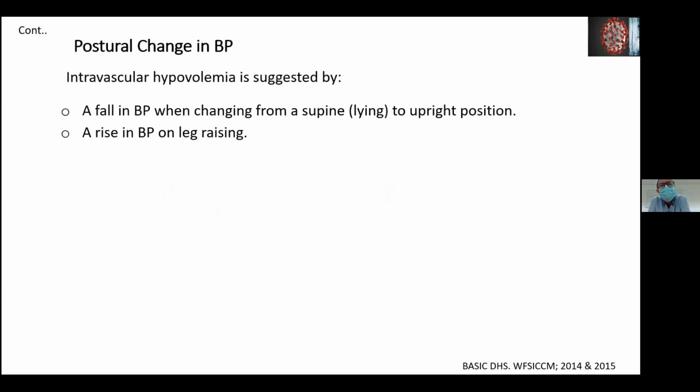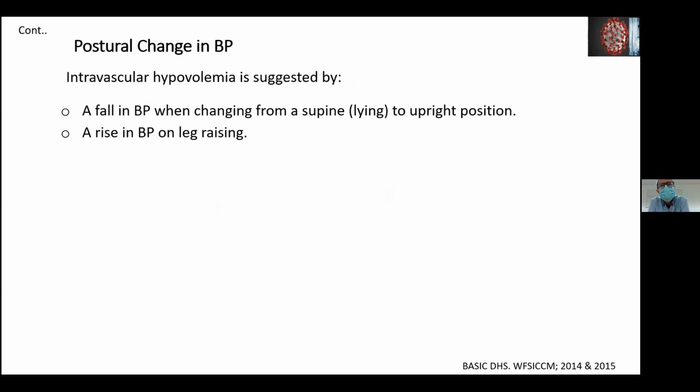The BP is very important, of course. When you assess intravascular volume, remember that blood pressure is a product of cardiac output and vascular resistance. And if you have low cardiac output, or high cardiac output, you will have a variation of the BP.